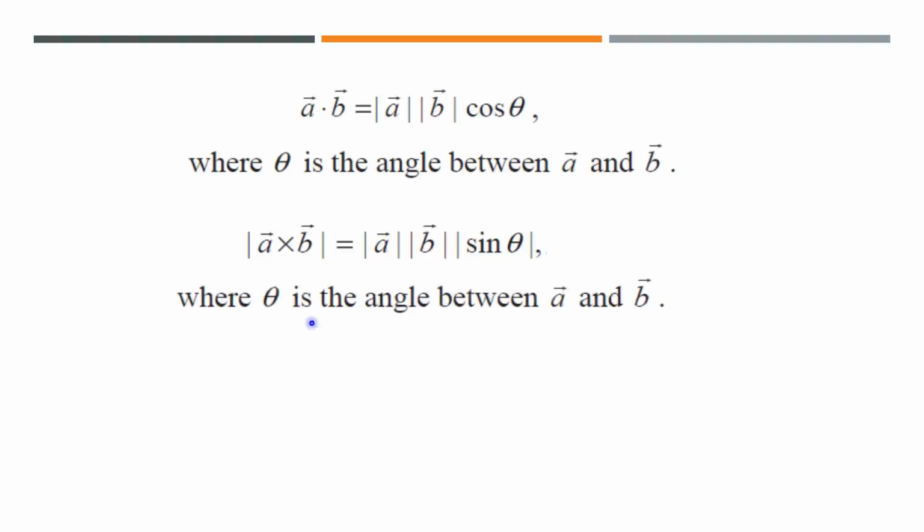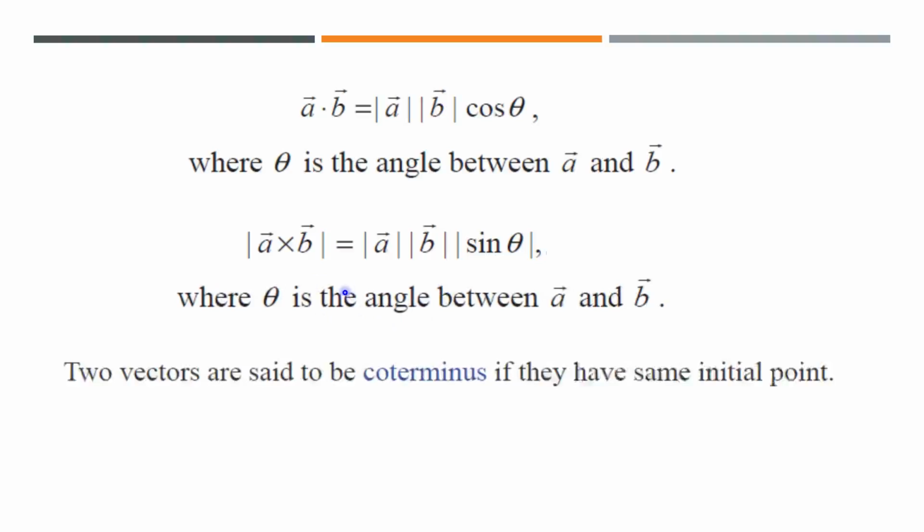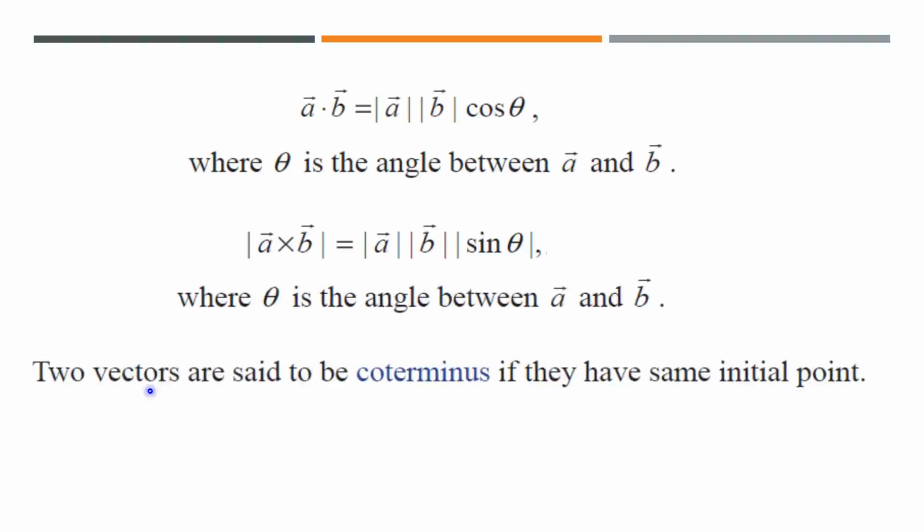Here also theta is the angle between a vector and b vector. Two vectors are said to be coterminus if they have the same initial point. Initial point means starting point.